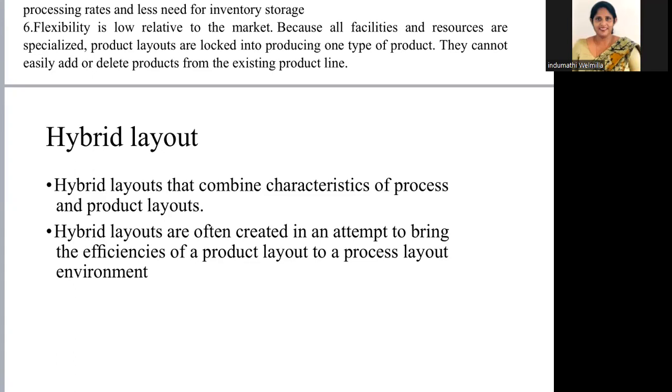A family of products having similar processing requirements, though not necessarily in the same order. So the layout is similar to process layout in as much as the machines perform different processes, and is similar to the product layout as the machines are grouped to perform processes required by a limited set of products or family of products.